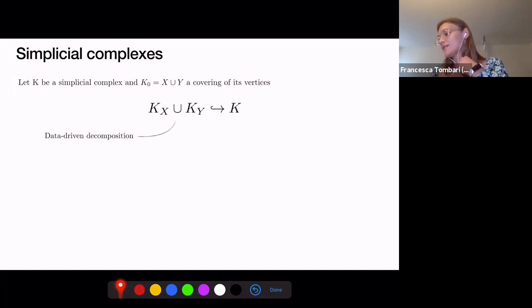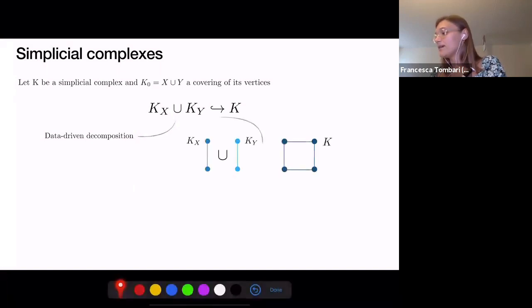Before, I sloppily mentioned that this map, for the Vietoris-Rips complex case and also in this case, is not generally a homotopy equivalence. And indeed, this is a simple example that shows it.